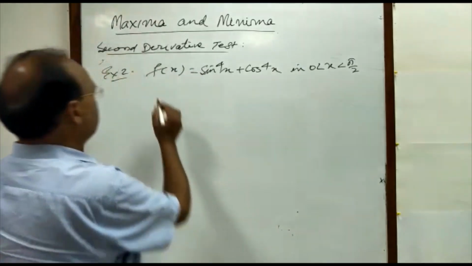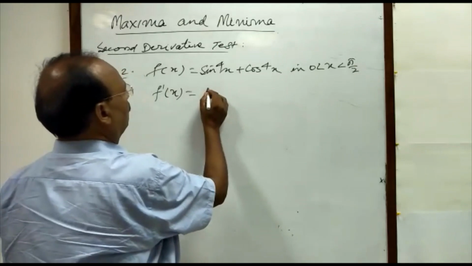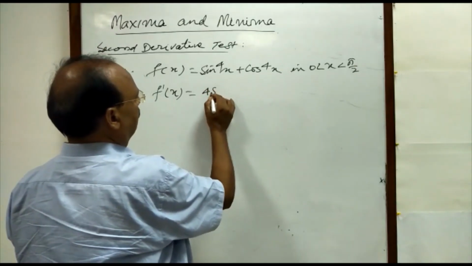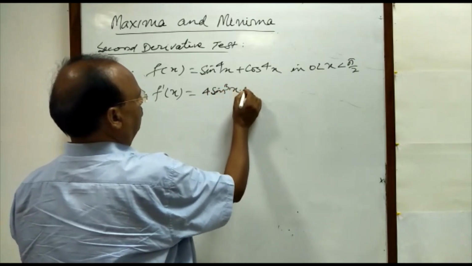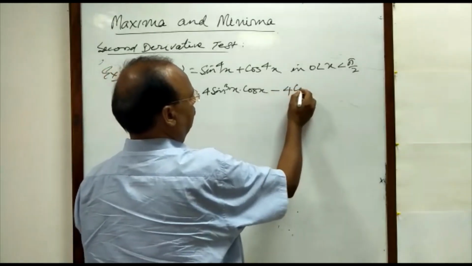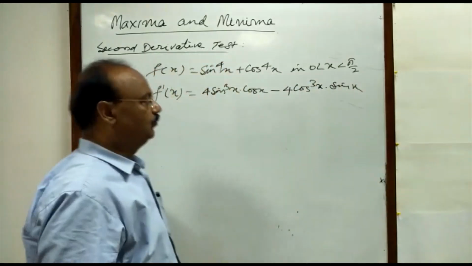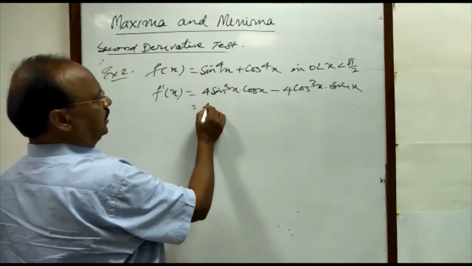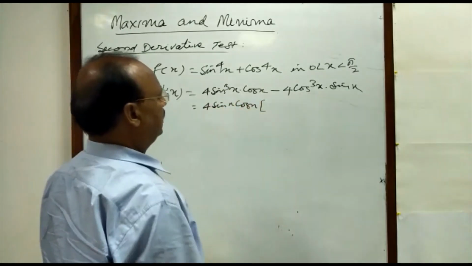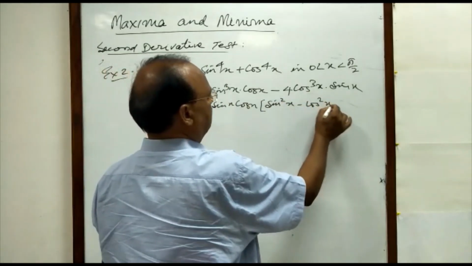So first of all we will get first derivative f dash x. This is equal to 4 sin cube x into cos x minus 4 cos cube x into sin x, and taking 4 sin x cos x common, we are getting here sin square x minus cos square x.